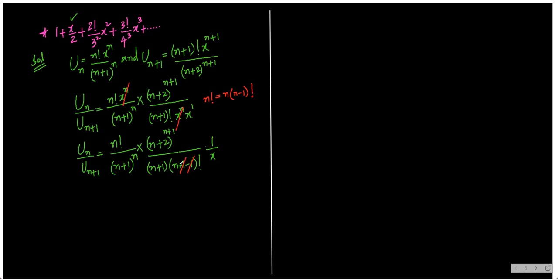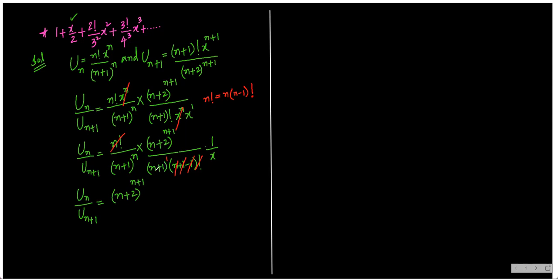Okay sir. So n plus 1 minus 1 cancel, n factorial cancel with this n factorial, right? And here n plus 1 power 1 is there, nothing is there, means power 1 is there. So then un by un plus 1 value equals to, you can see n plus 2 to the power of n plus 1, it is there as it is.